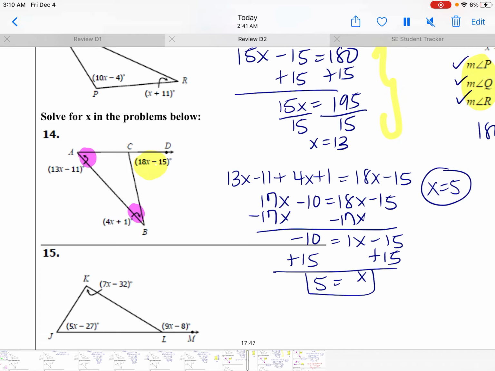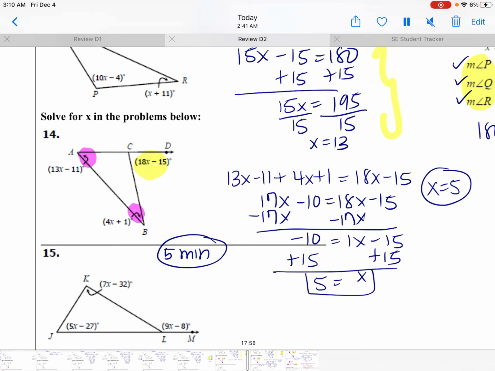You ready? Now it's your turn to solve this problem. Ms. Moreno, can we set up the timer, please, for 5 minutes? And everyone make sure that you submit your response. All right, so hopefully you had enough time.